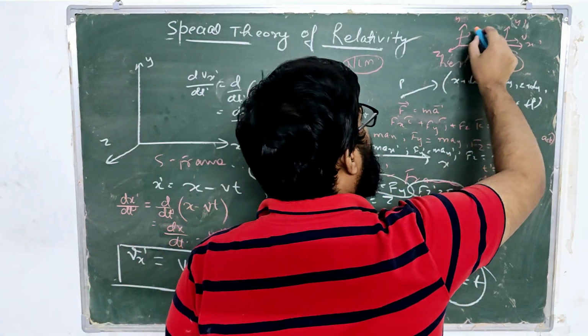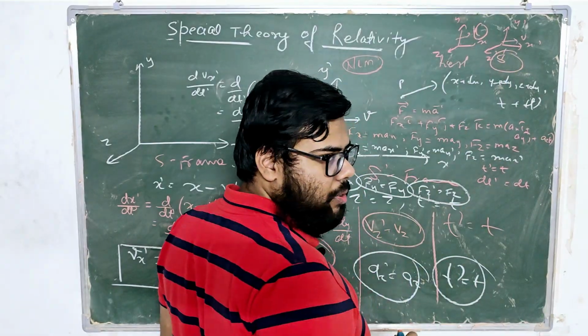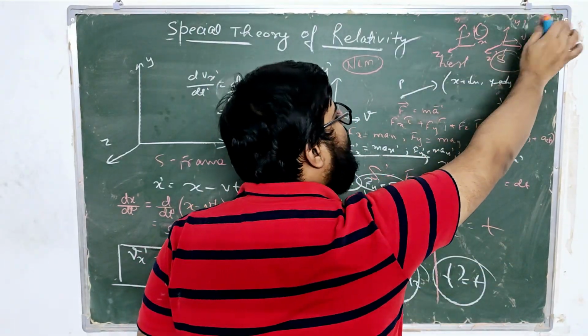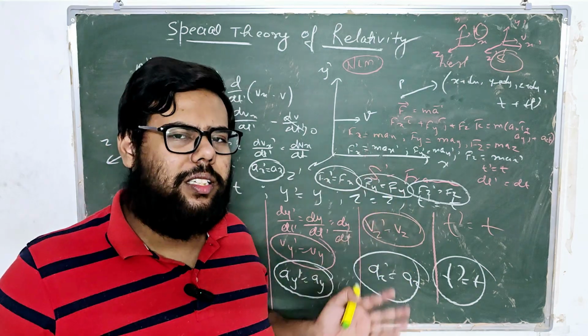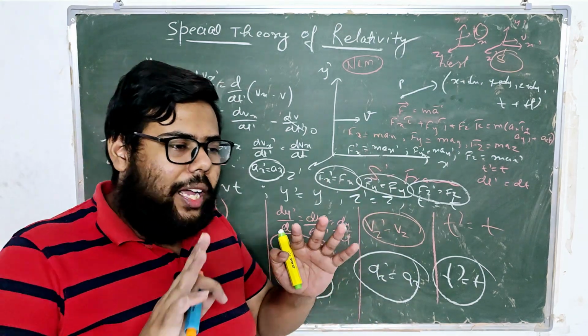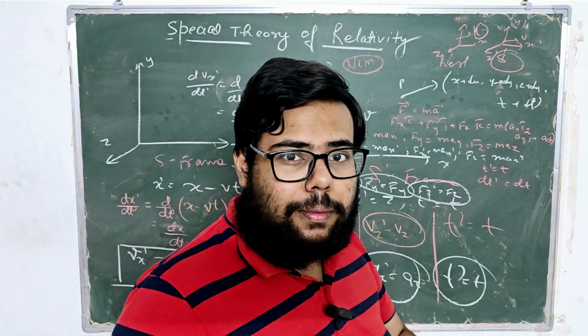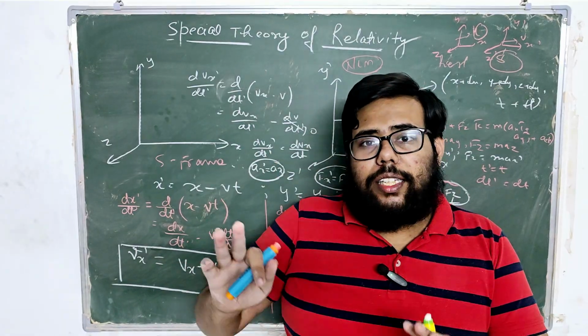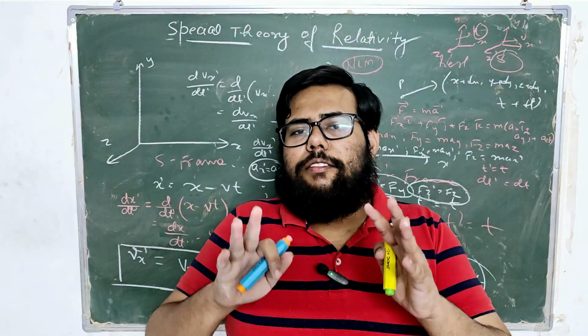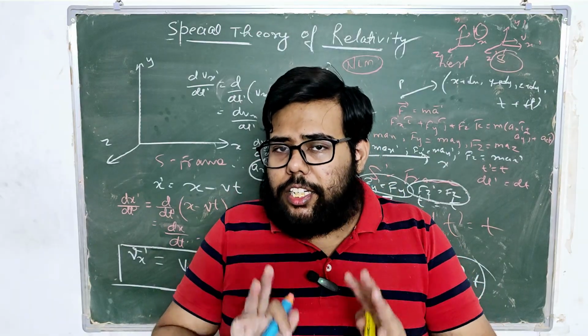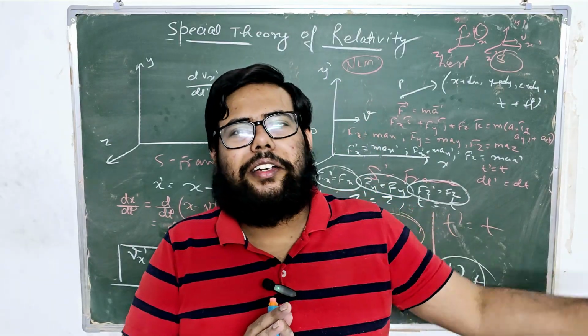Suppose this frame was moving with a velocity u. So with respect to this it will always be an inertial frame of reference, irrespective of the velocities. So any frame of reference which is inertial with respect to one inertial frame of reference will be an inertial frame of reference with respect to all other inertial frames of reference.